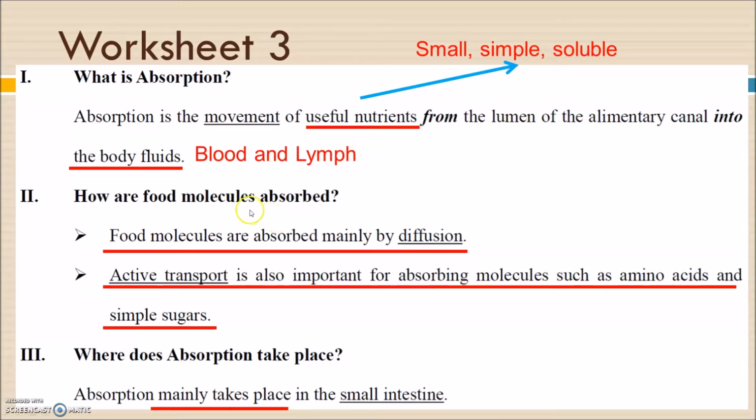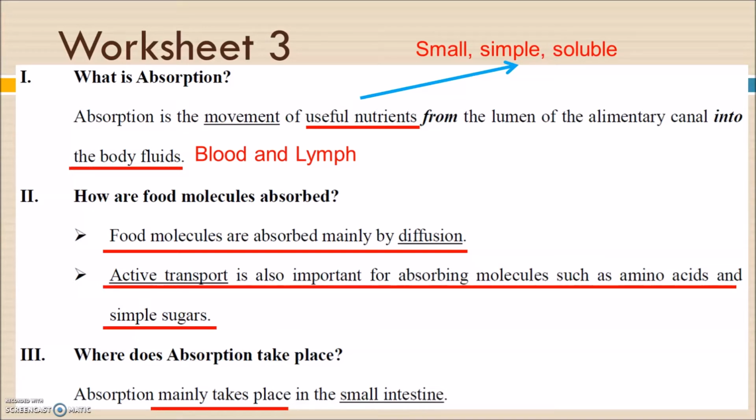And then how can we absorb it? By diffusion and also by active transport. By inputting energy, we would like to absorb all of them from the small intestine to the blood or to the lymph.